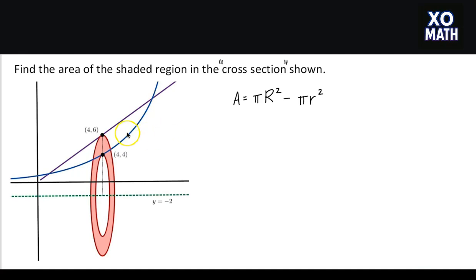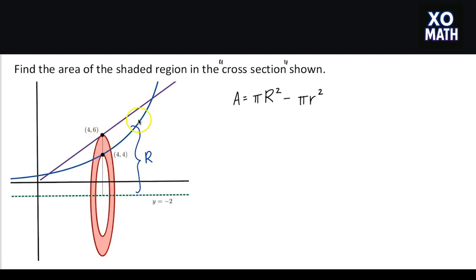So how do we go about finding that big R and that little r? The big R, we can see, is the radius of that bigger circle, which extends from this top point up here at (4, 6) down to this dotted line here, which we're told is y equals -2. So it's this distance here that I want to find the value of R. Okay, so what's this distance here?